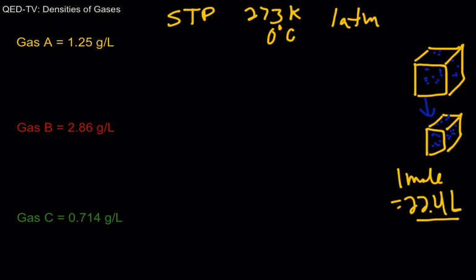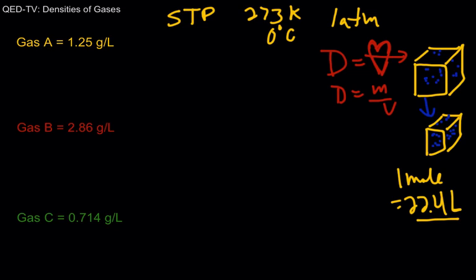So if you remember, there's an important equation a long time ago about density, and the way we remembered that was we said we love density. So density was mass, there's an M right there, over volume. Density equals mass over volume.